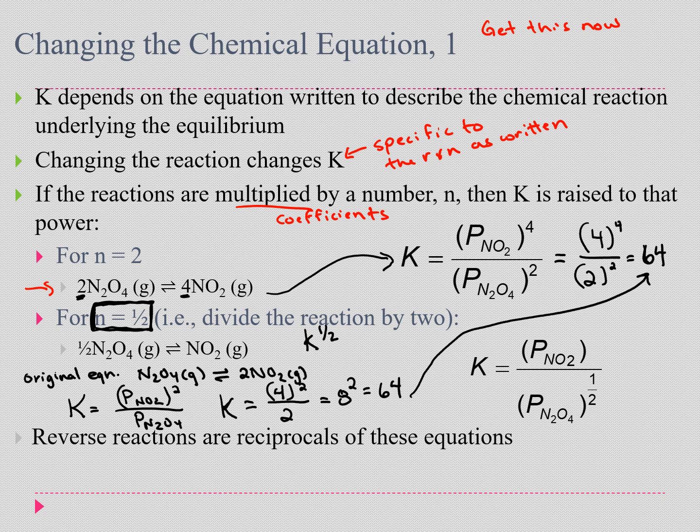So, let's say that I took my original equation and I reversed it. So we have 2 NO2 gas in equilibrium with N2O4 gas. I just took the original and reversed it. Well, K for this is now the partial pressure of N2O4 divided by the partial pressure of NO2 squared.